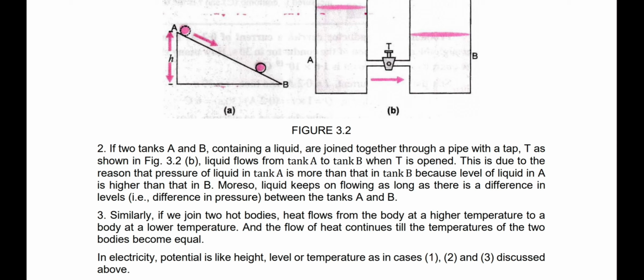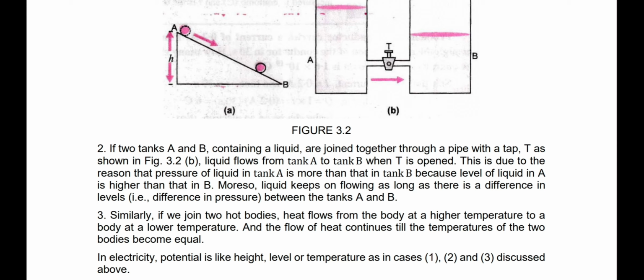The main point here is, why is the liquid flowing from tank A to tank B? The answer is the difference in pressure. The liquid is flowing from a higher pressure to a lower pressure.